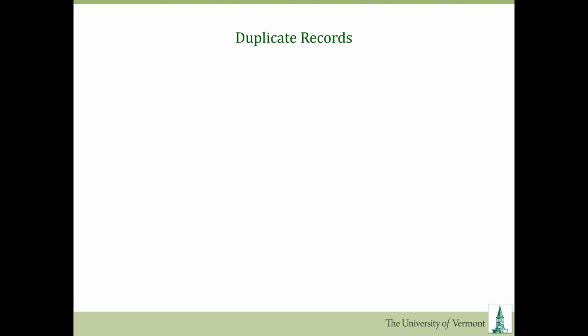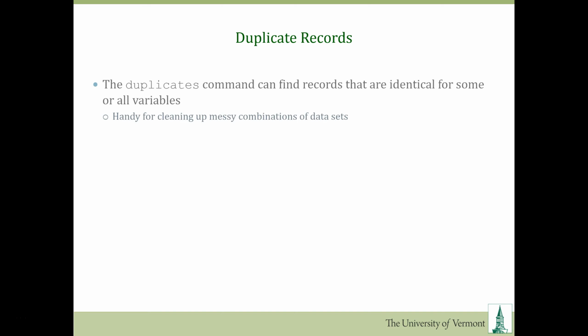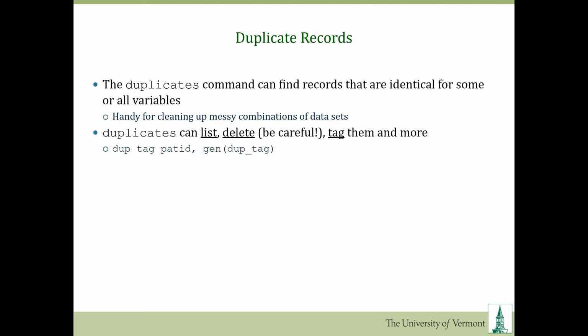Okay, next topic is duplicate records. The duplicates command can find records that are identical for some or all variables. It's handy for cleaning up messy combinations of data sets. There's a bunch of options on it. Duplicates can list, tag, or delete records.